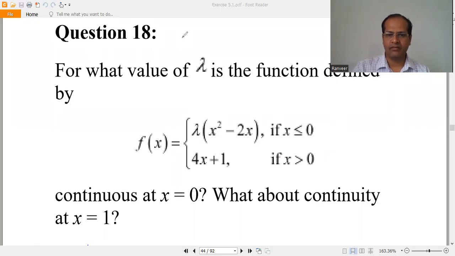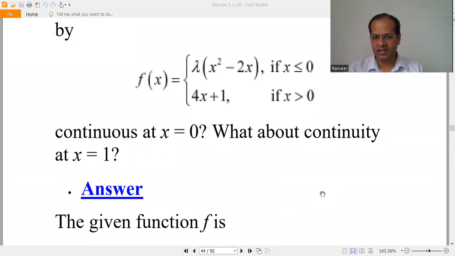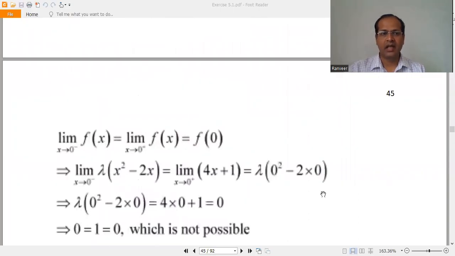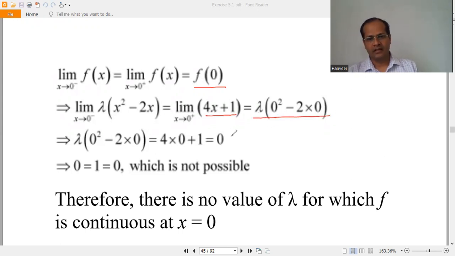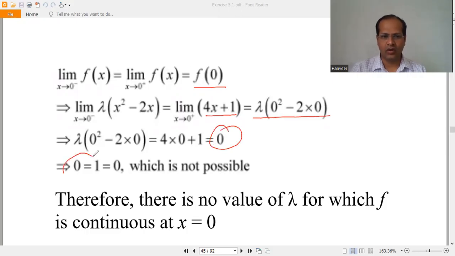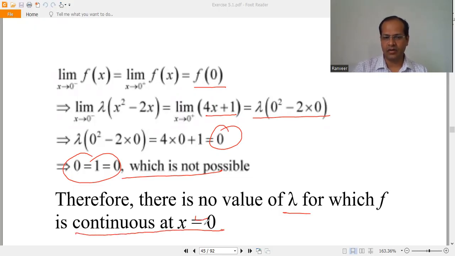Same way we can find out limit tending to 0 plus and 0 minus, and f of 0. If we substitute the value, lambda x square minus 2x, this is 4x plus 1 equal to 0. So 0 equal to 0, which is not possible. So there is no value of lambda for which the given function is continuous at x equal to 0.